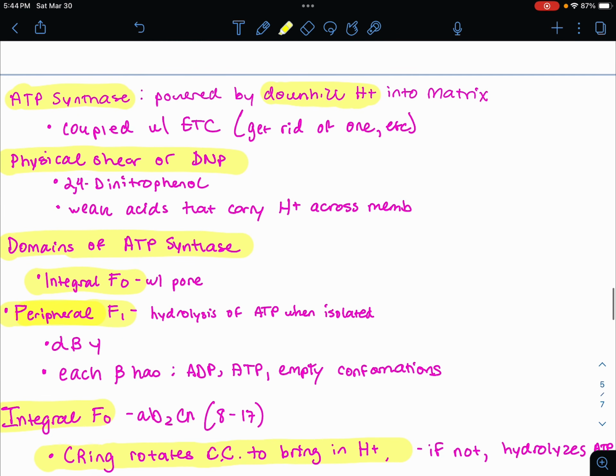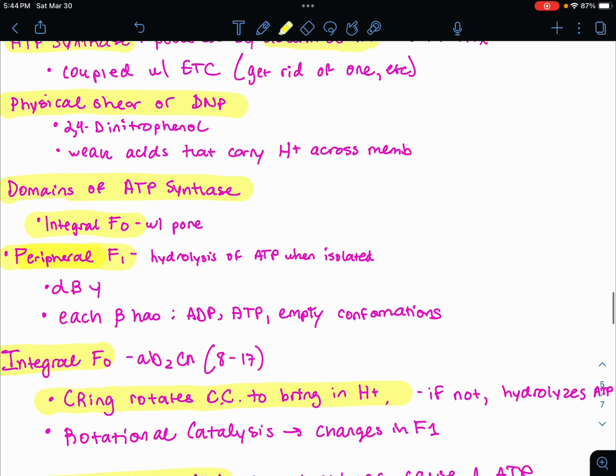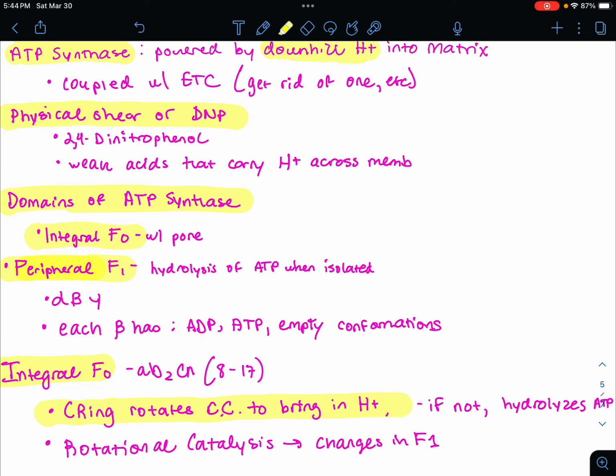Okay, let's talk about the ATP synthase itself. This is going to be powered by the downhill hydrogens moving back into the matrix. This is coupled with the electron transport chain. Again, if you get rid of one, the whole system won't work unless you've uncoupled them.